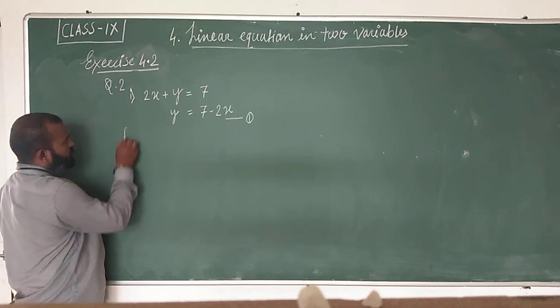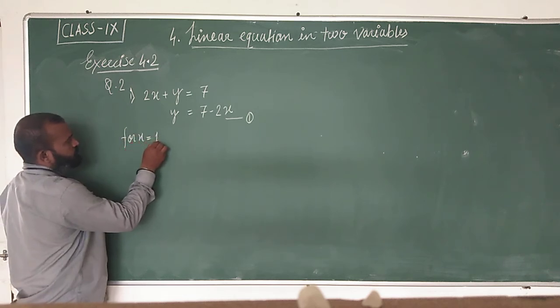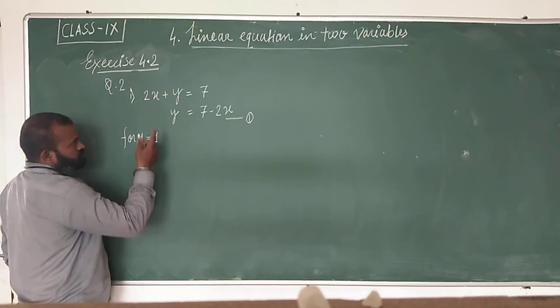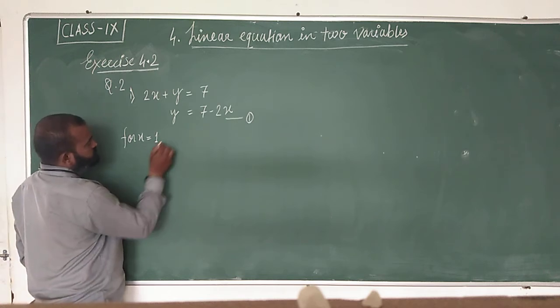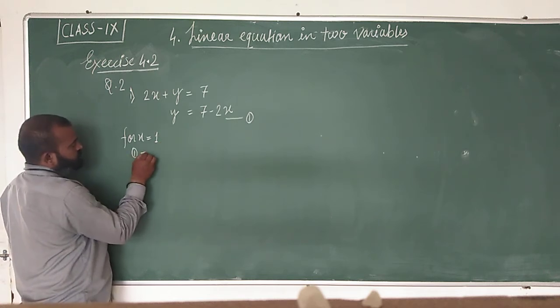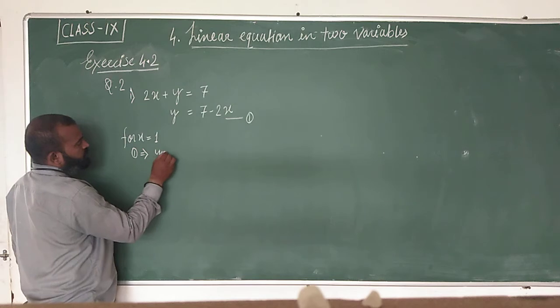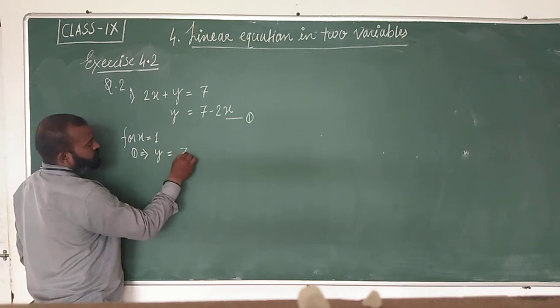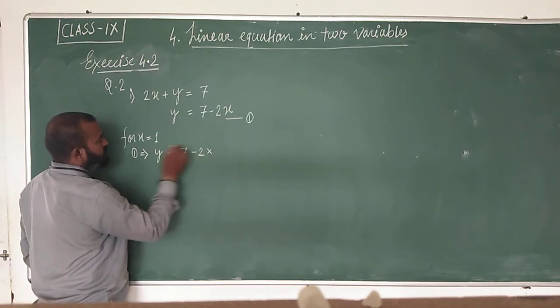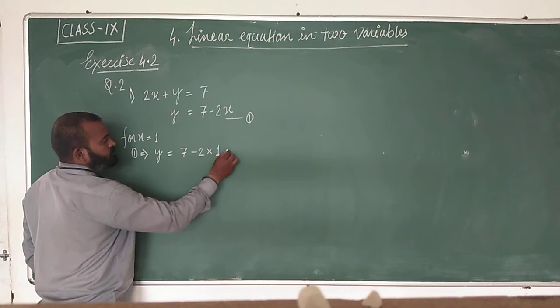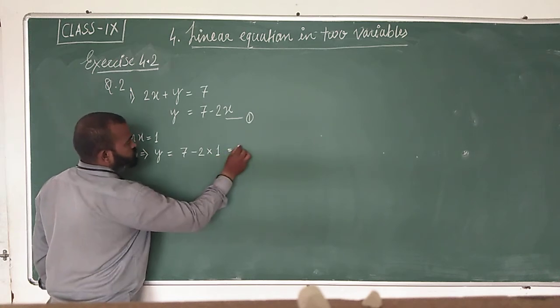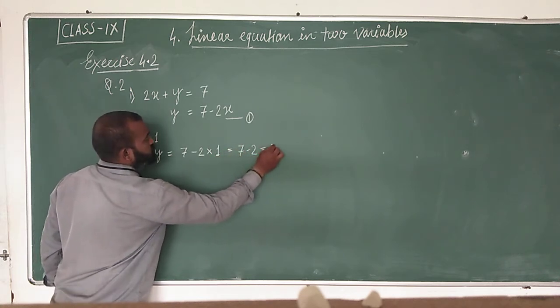For x equals 1, what will we get? Equation 1 implies y equals 7 minus 2 into x. x means 1, so 7 minus 2. 7 minus 2 is 5.